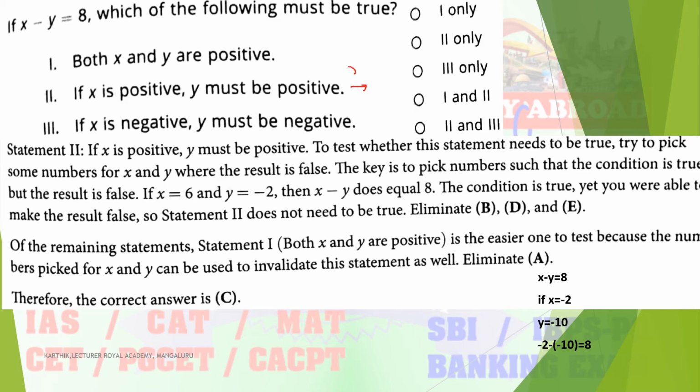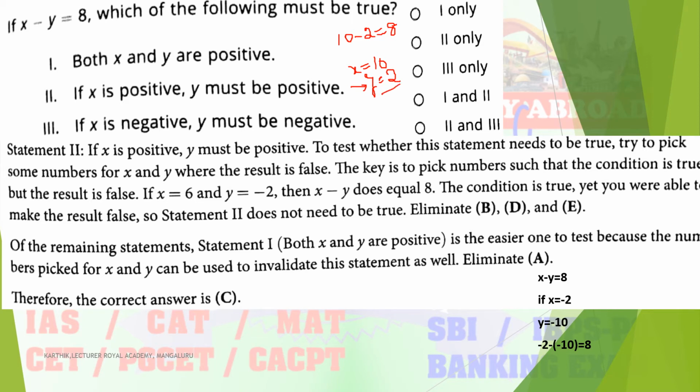I will choose x is positive, x is equal to 10, and y must be positive. Is it necessary? So y is equal to 2. So what happens? 10 minus 2, you will get the answer 8.